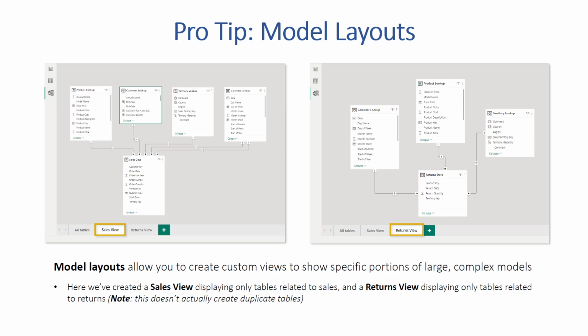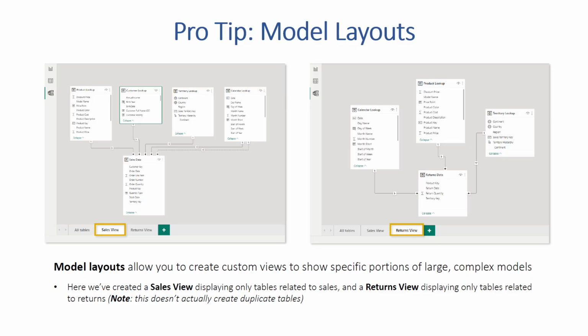So let's come to the screen and look at the pro tips for the data model layout. Suppose your data model is too huge, you need to find a way to segregate it in a custom view and show a specific partition of a large and complex model.